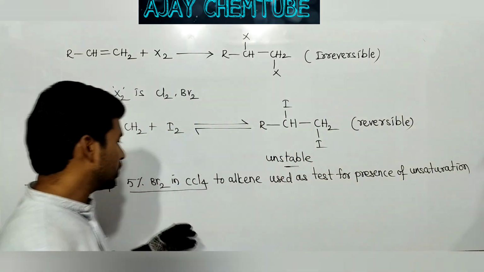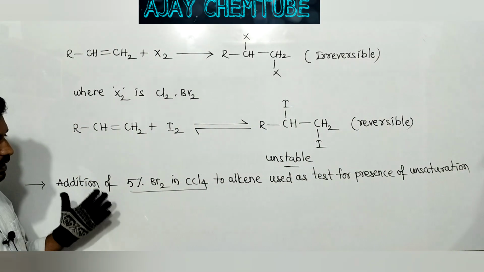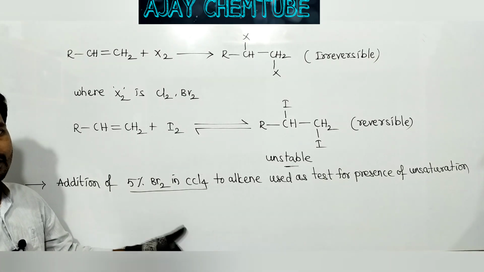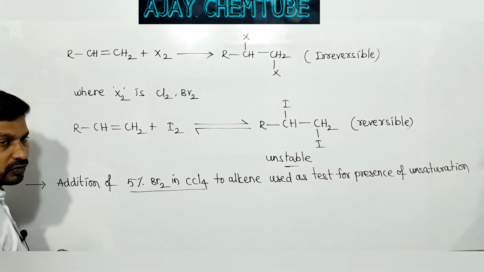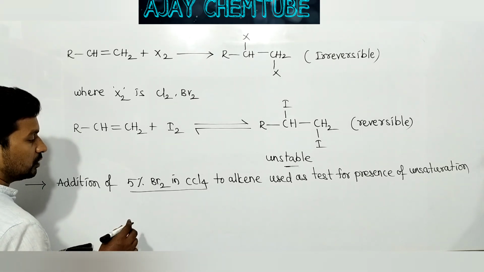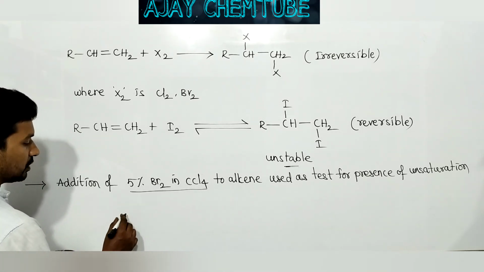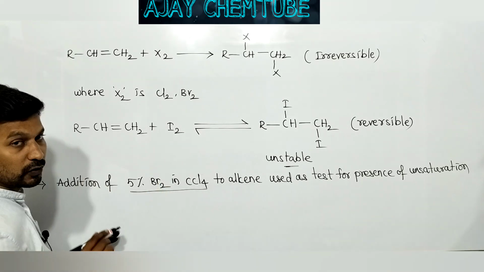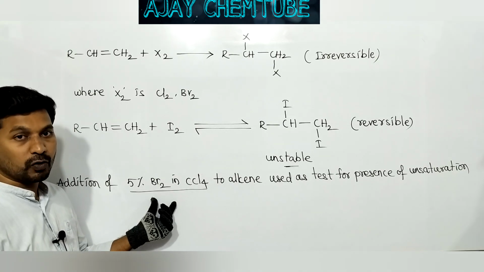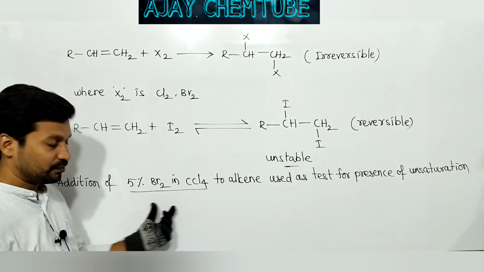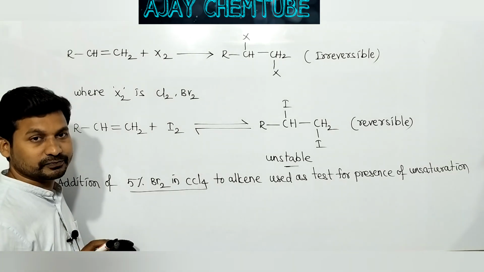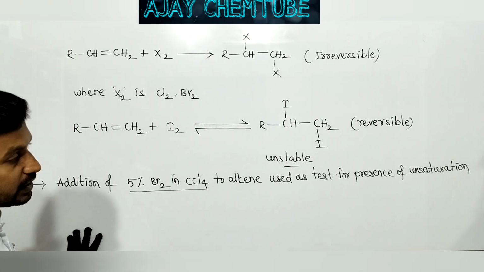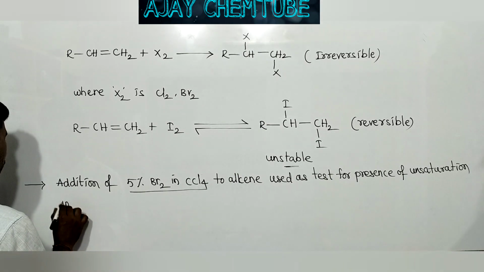If unsaturation is present, bromine addition takes place and the bromine color disappears. Bromine is brown in color. If 5% bromine in carbon tetrachloride is added to some substrate and the brown color disappears, the substrate must be alkene. Thus we identify the presence of unsaturation in alkenes.